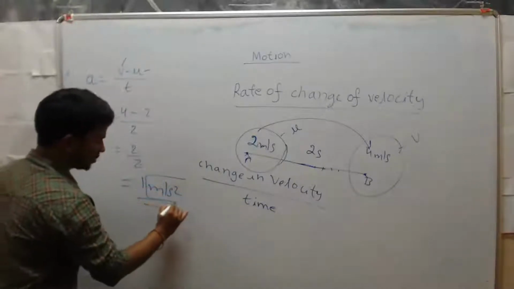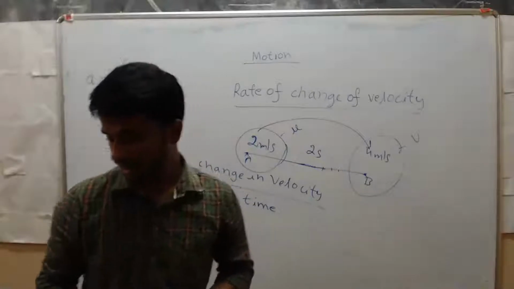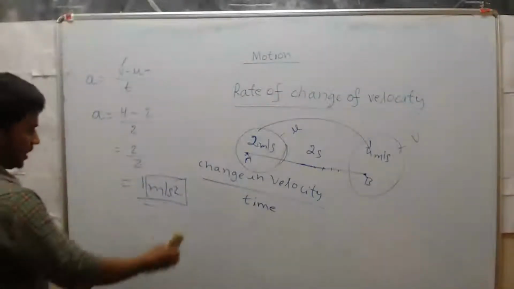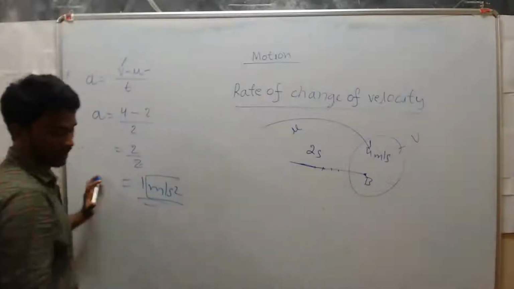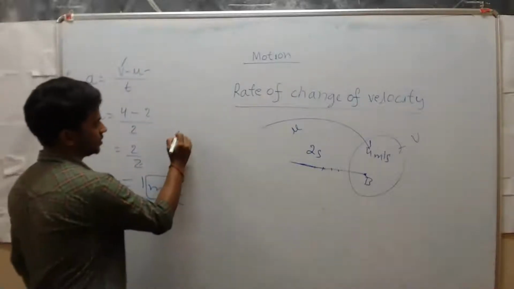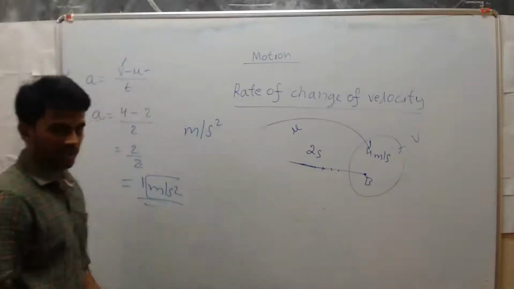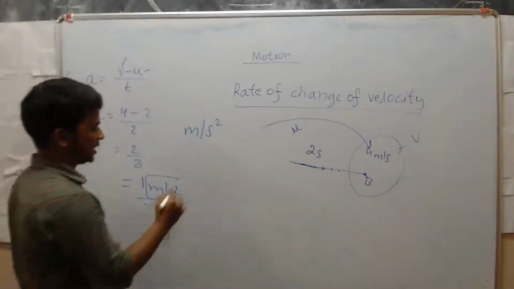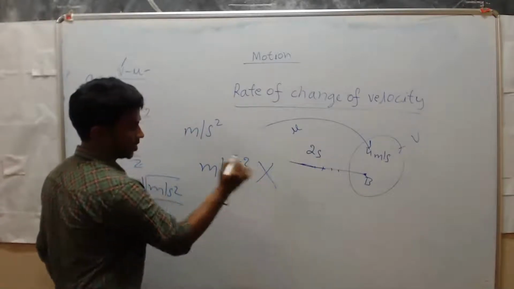This meter per second square is the SI unit of acceleration. While writing, some students make mistakes. If you write meter per second minus 2 in the wrong way, it is completely wrong.